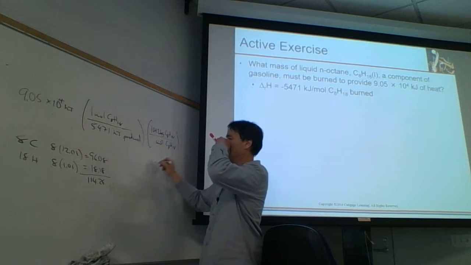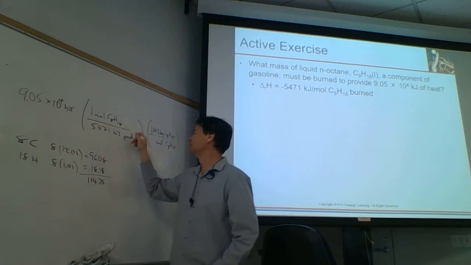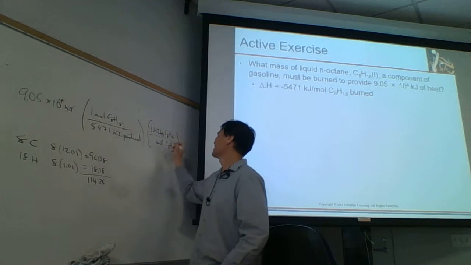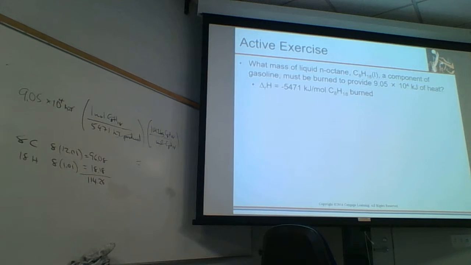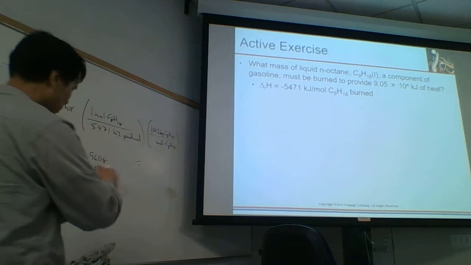C8H18. So the kilojoules produced, moles canceled, that leaves us with grams. So let's figure out how many grams of C8H18 is required for this. So 9.05 times 10 to the 4th divided by 5471 times 114.26. 1,890 grams.